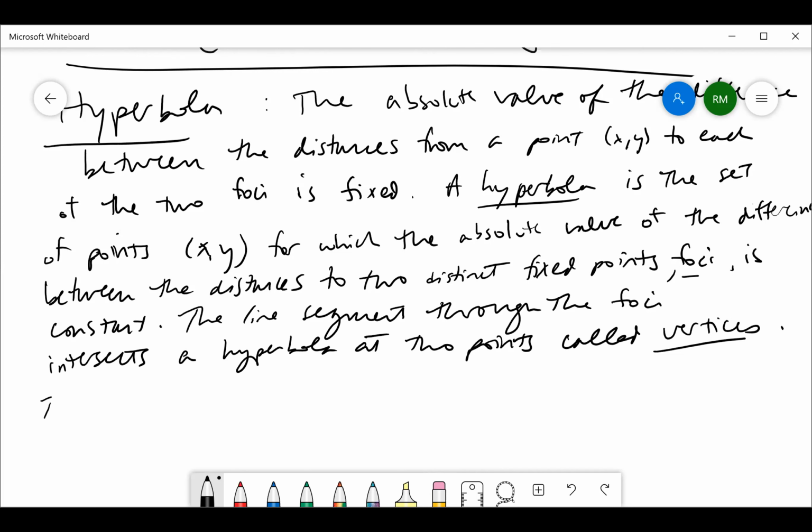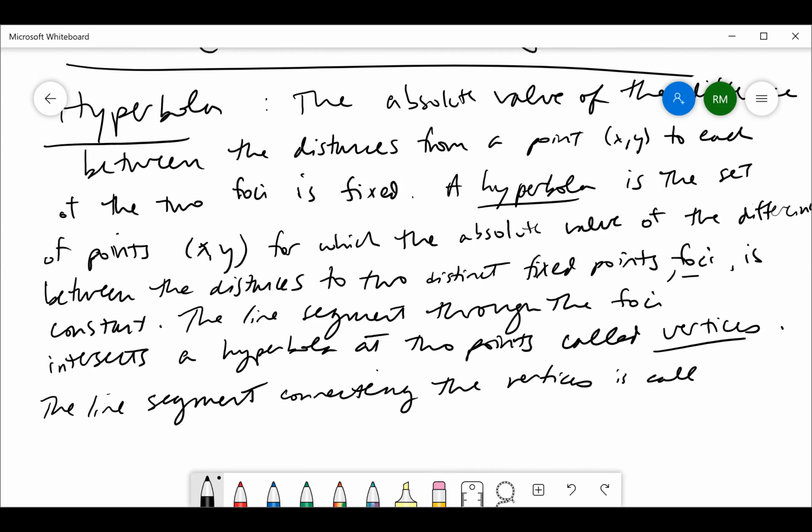The line segment connecting the vertices is called the transverse axis.